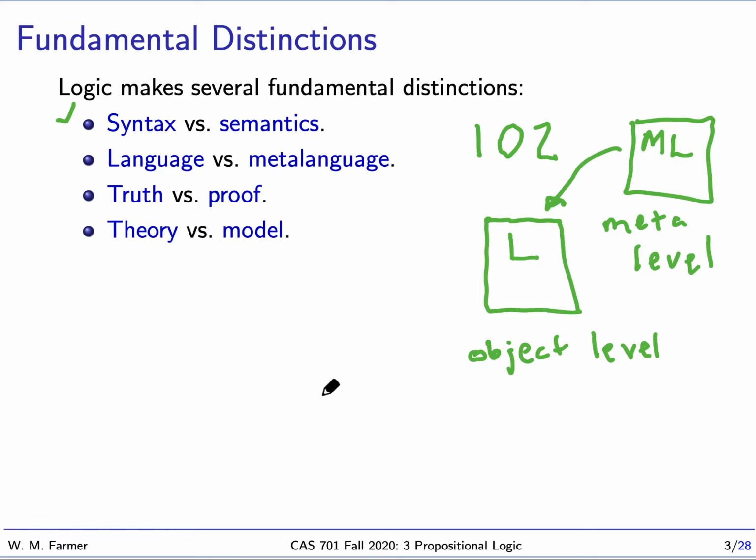The next distinction is between truth and proof. Truth is a correspondence with reality, and proof is an argument that something is true. And these are different. For instance, we can write down or think of a statement in mathematics like there exists an odd perfect number.